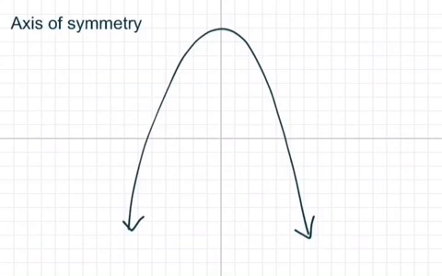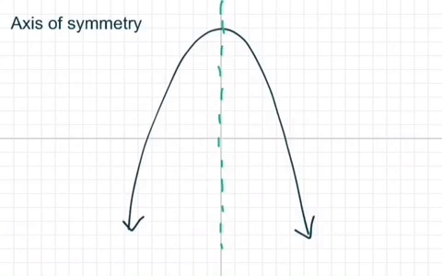Next, let's talk about the axis of symmetry. The axis of symmetry is the line along which, if you folded the parabola in half, it would be a complete mirror image. It would perfectly fold in half. So the middle line, where you could cut the parabola in half, is called the axis of symmetry.